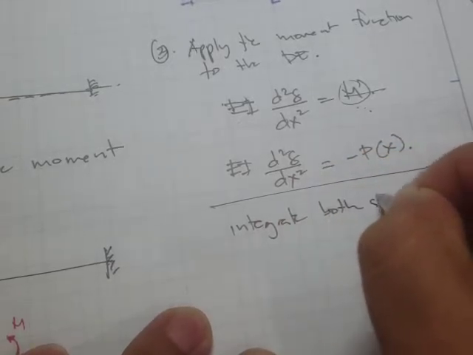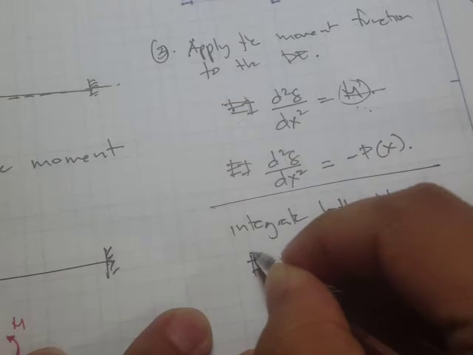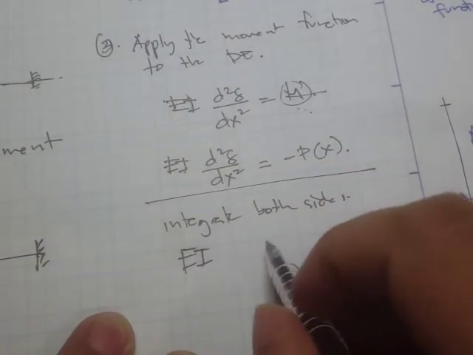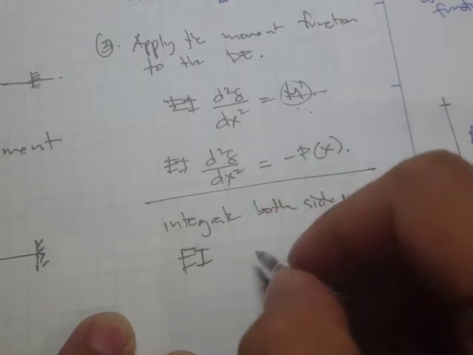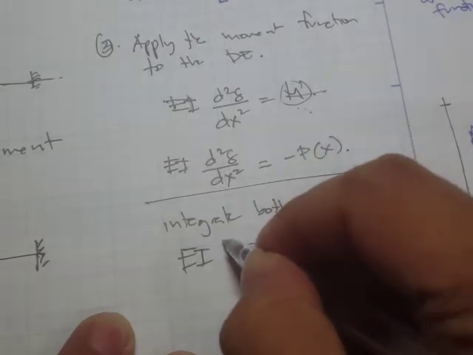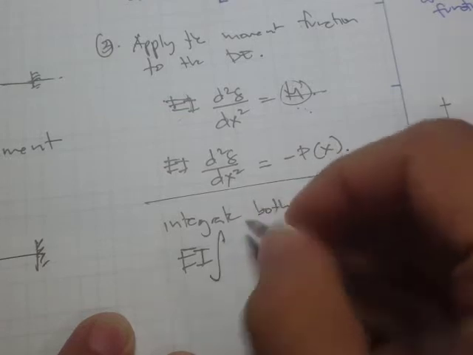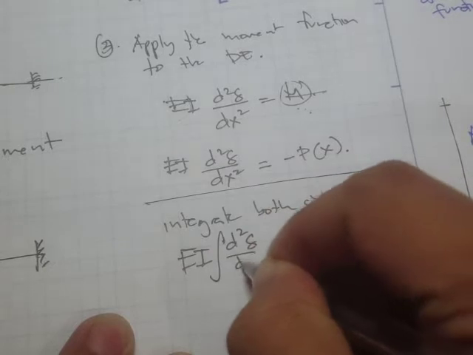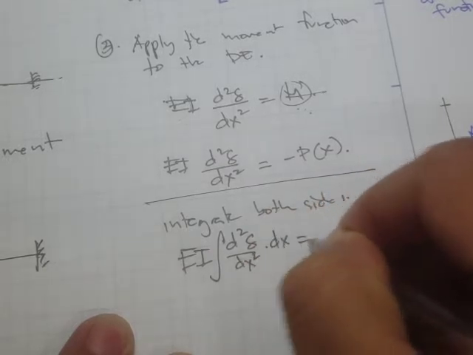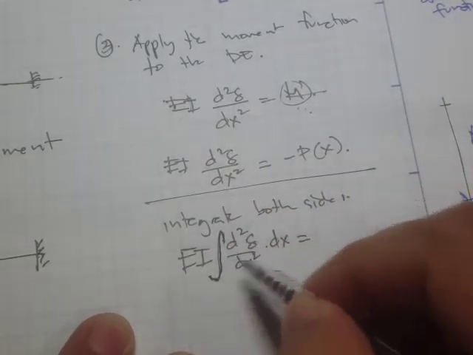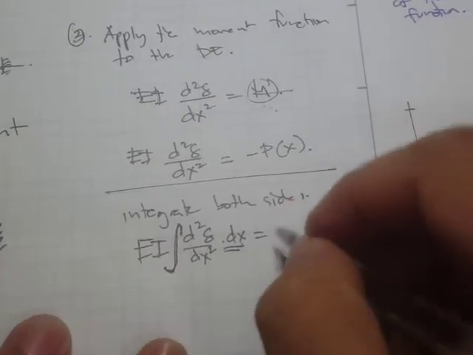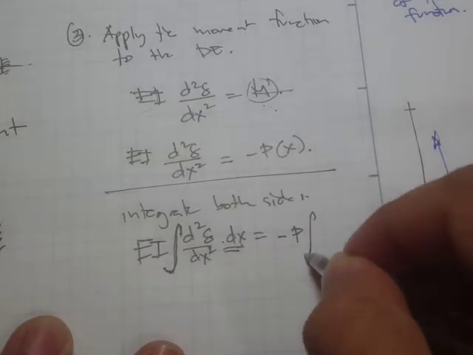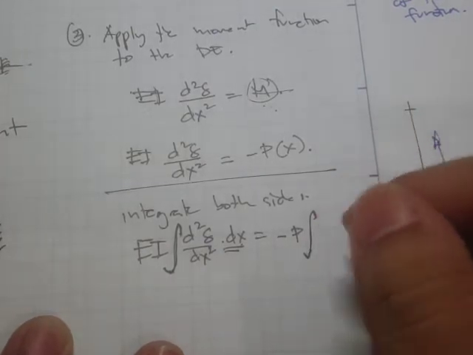The result of this would be, let's write it again with the integral sign, times dx. That means I'm taking the integral with respect to x. Take note the P is constant, so I can just take that out from the integral sign.